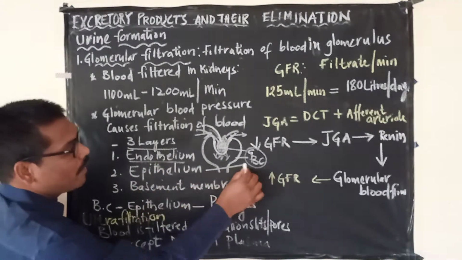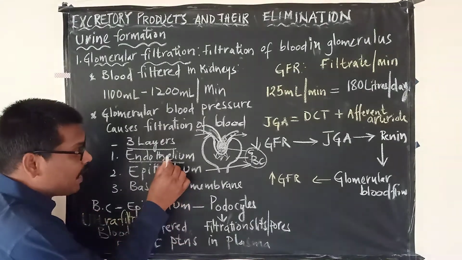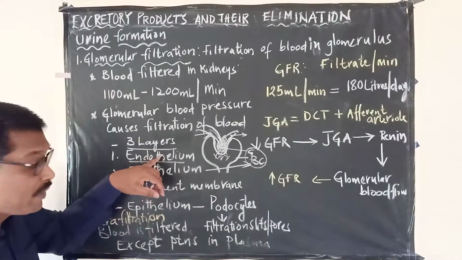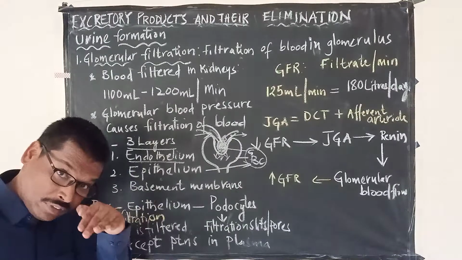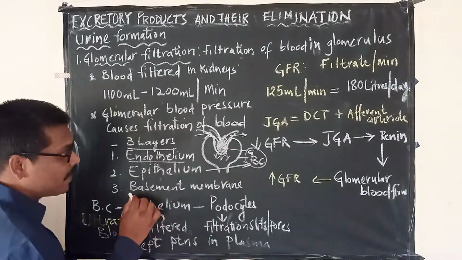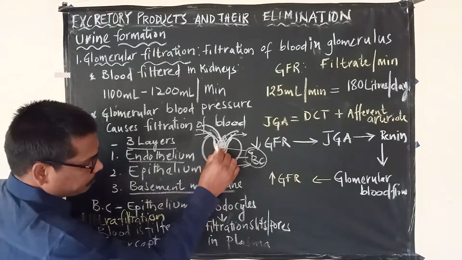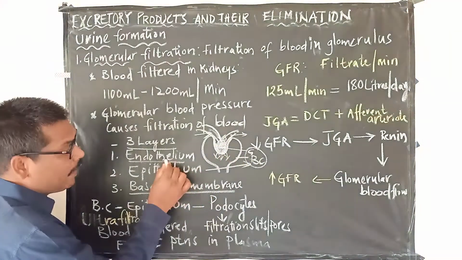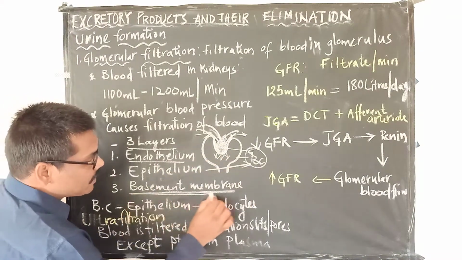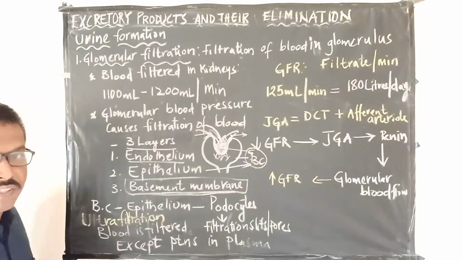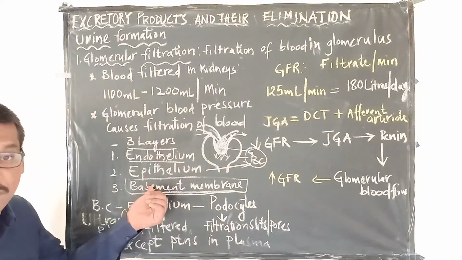In between the endothelium and the epithelium, there is a middle layer called basement membrane. So through these three layers, the blood will be filtered.